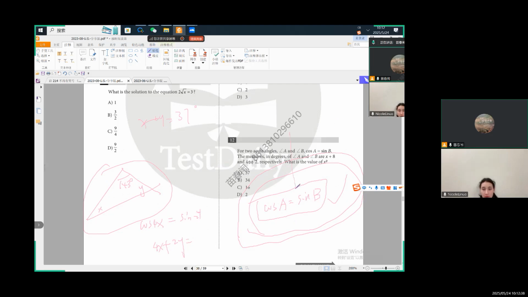So we have to force ourselves to use this and connect it with this. We just consider 4x as one angle and 2y as one angle. Your first instinct is right. When you have no other way to solve it, normally it's sine A equals cosine B, A plus B equals 90 degrees.